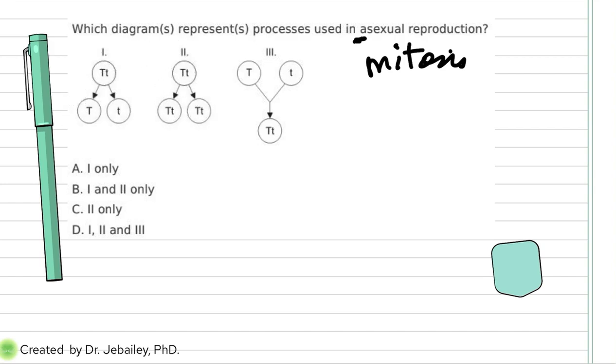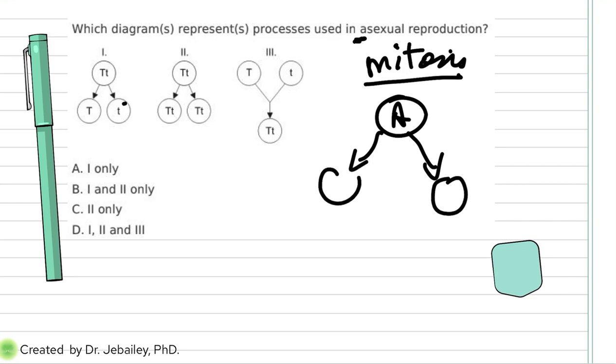If you really look closely, in this case, if it's mitosis, the parent cell, whether this is dad or mom, whatever it is, what do the babies have to do? They have to look exactly identical to the parent, which is this one. Do these two look identical to the parent?